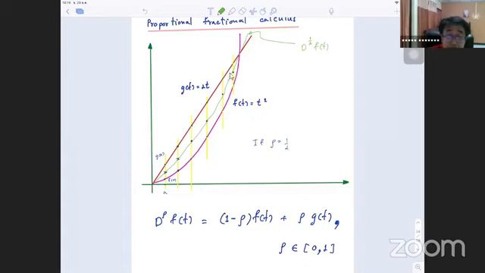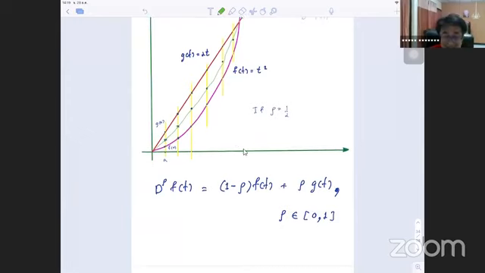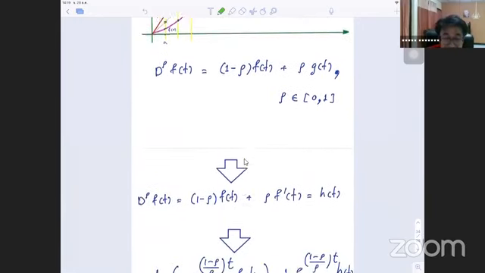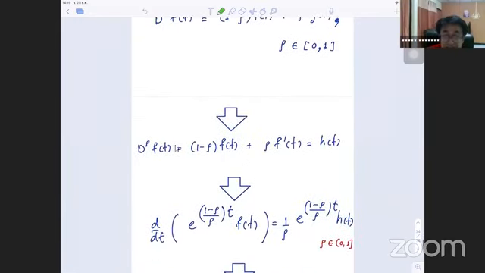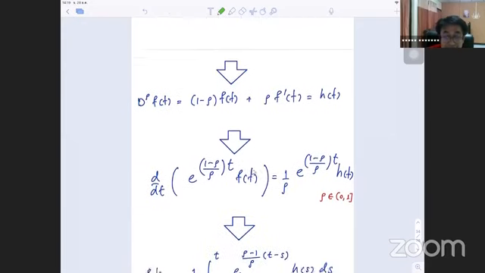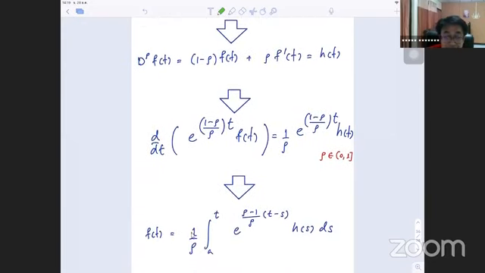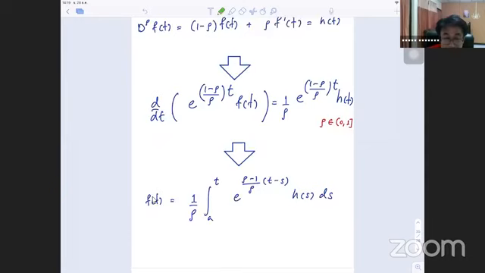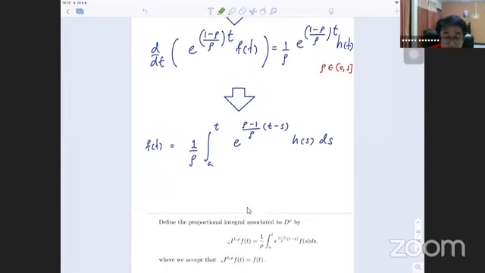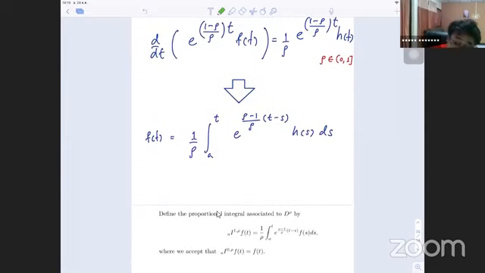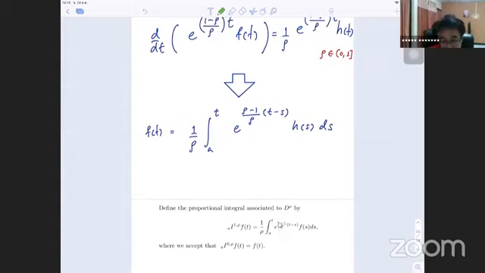The derivative of F. So the name is proportional. They get this formula. So they define the proportional integral by this.